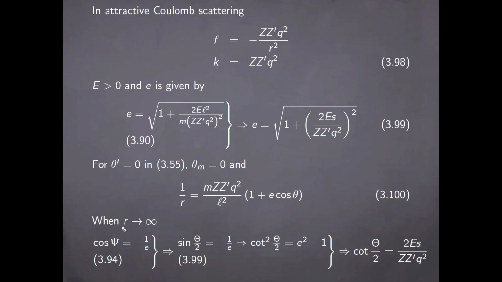And now if we set the radius to infinity, so this would correspond to the initial condition when the particle in the beam is infinitely far away, then the orbit equation will return for this radius the corresponding angle psi as having a cosine given by the expression here. So it's just minus 1 over the eccentricity.